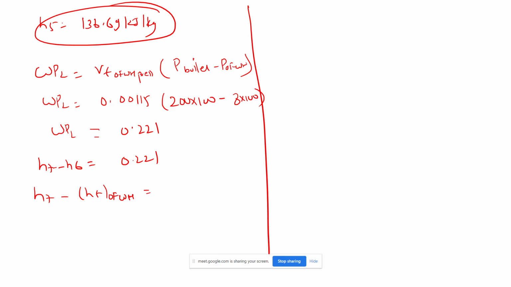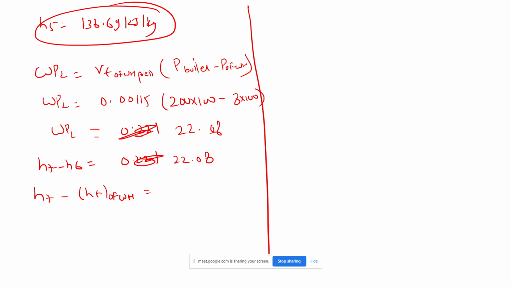So 200 minus 8 into 100 into 0.00115 is 22.08, plus HF, which is 721.11.